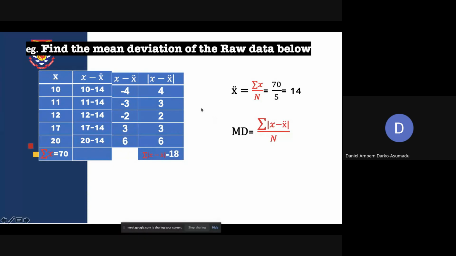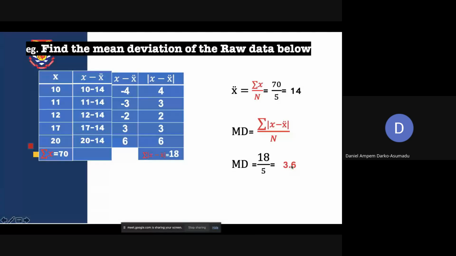So the summation of the absolute value of x minus the mean is equal to adding all these, which gives us 18. Is that clear? Yes, sir. So the numerator is 18 over n. N is 5. So the mean deviation is equal to 18 over 5, which gives us 3.6.